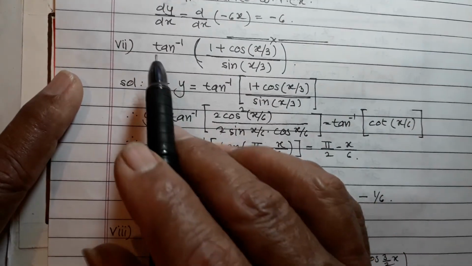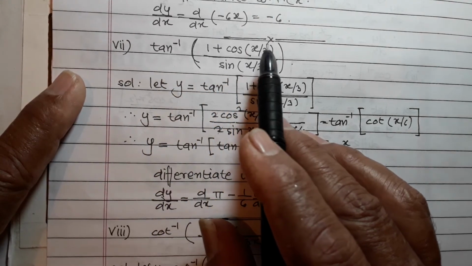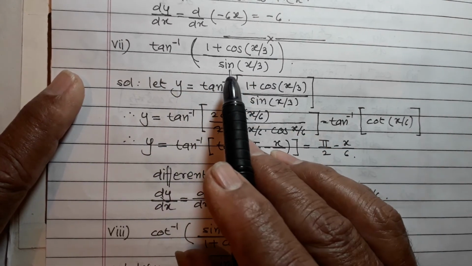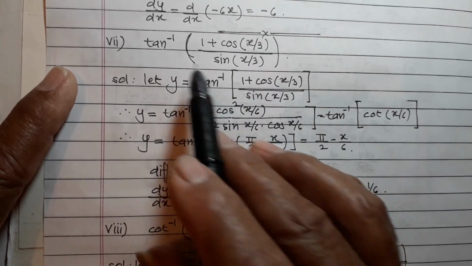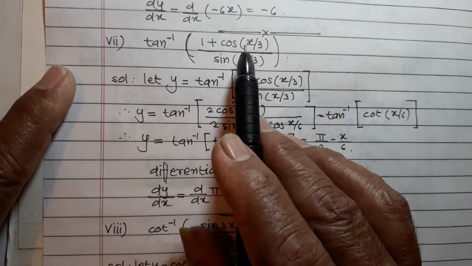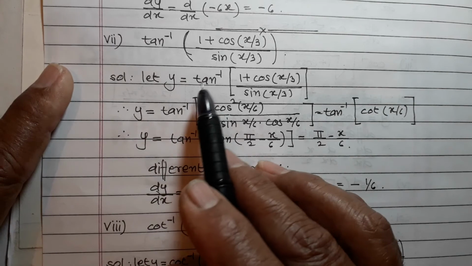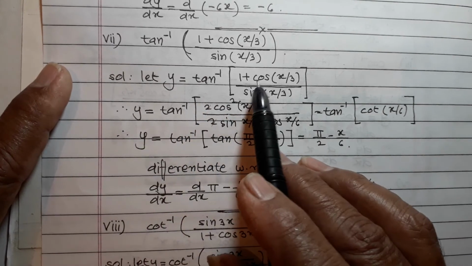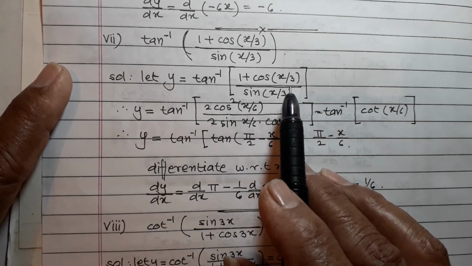Question number 7. Tan inverse (1 plus cos x upon 3) upon (sin x upon 3). So simplification of this is important. Solution: let y is equal to tan inverse (1 plus cos x upon 3) upon (sin x upon 3).